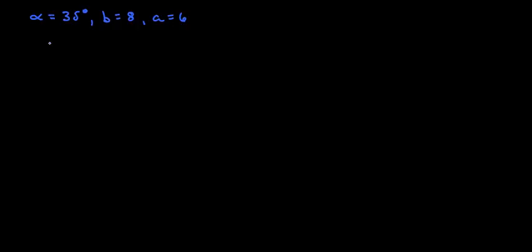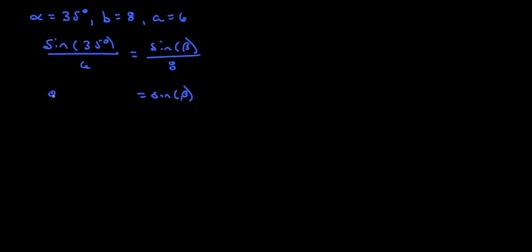So we start out and we say, okay, well, the sine of alpha over a should be equal to the sine of beta over b, which means that the sine of beta is equal to 8 times the sine of 35 over 6.